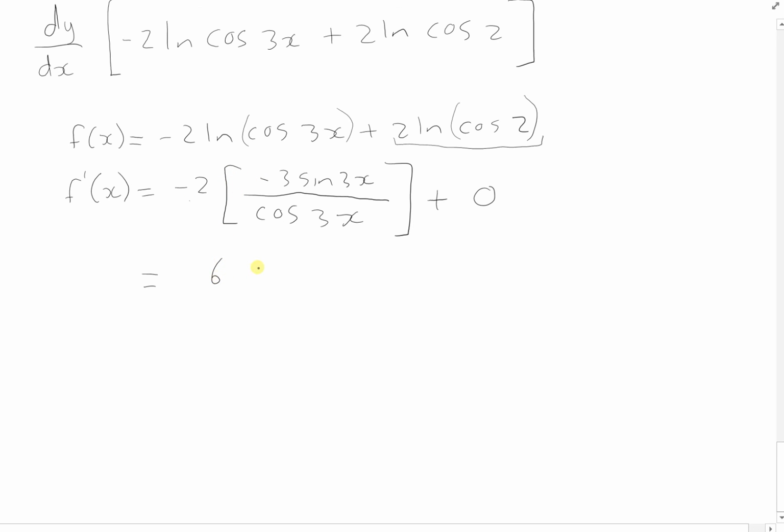We're going to have 6 sine of 3x over cosine of 3x. Now sine of 3x over cosine of 3x is the same thing as tan of 3x. So it's just going to be 6 tan of 3x, and this would be our final answer. Okay, thank you for watching.